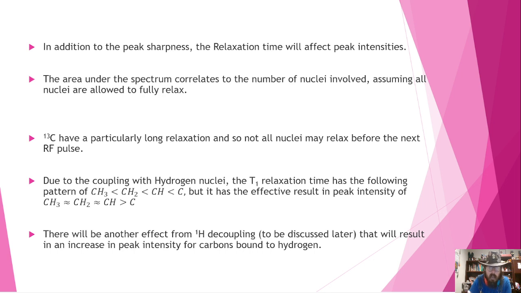Primary, secondary, and tertiary carbons have equivalent relaxation times, but quaternary carbons with no hydrogens attached relax so slowly that we lose a lot of the signal intensity. Quaternary carbons are often really small or even hard to see at all because they take too long to relax. So when we look at carbon-13 NMR in a little bit, they may be unusually small because of that.